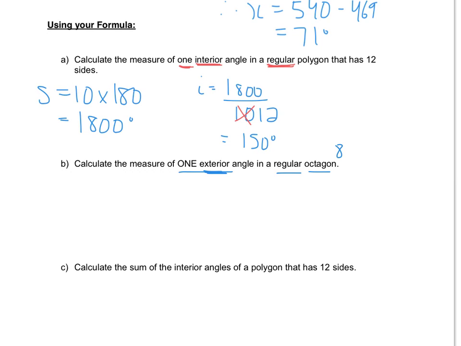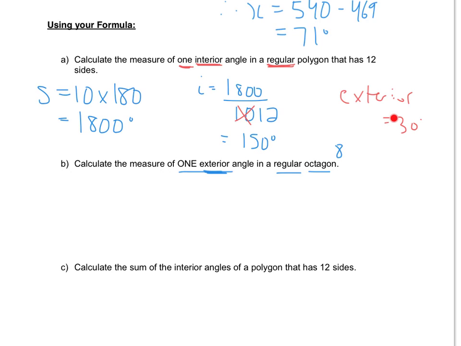One is I could find each interior angle like I did above, because once I know the interior angle, the interior and exterior angle add to 180 degrees. So in part A up here, I could easily find the exterior angle is 30 degrees. And I did that by taking 150 away from 180.